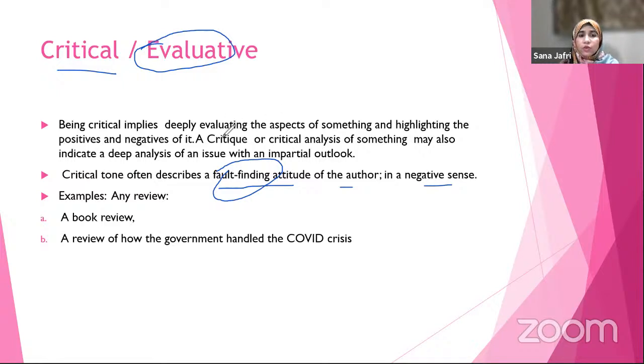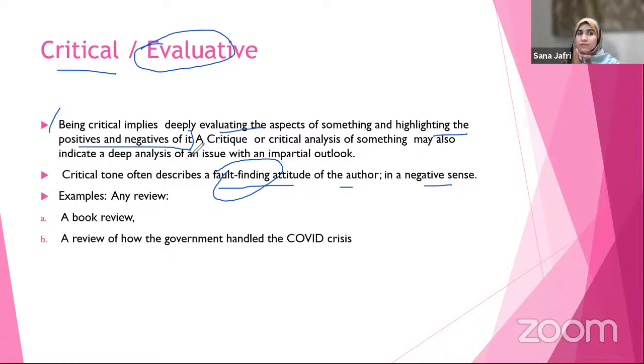You are trying to evaluate the aspects of something and you highlight the positives and negatives of it. The sole purpose of your writing is this. This thing happened, was it good, it had this shortcoming, it had this good point, this bad point. That's it. That's critical. You're trying to evaluate.